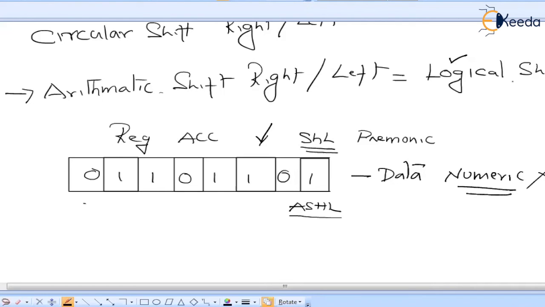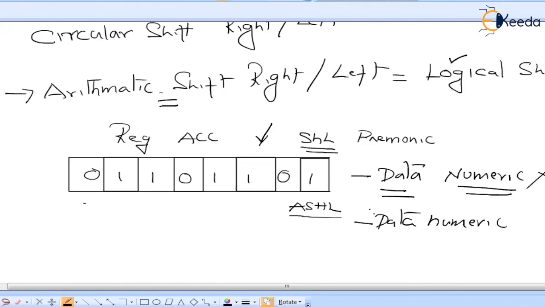Logical shift is performed on a data item which is not numeric. But arithmetic shift is performed on data which is numeric, because arithmetic itself requires numeric values. The logical shift can be performed on any data item, but arithmetic shift should only be performed on numeric data items.